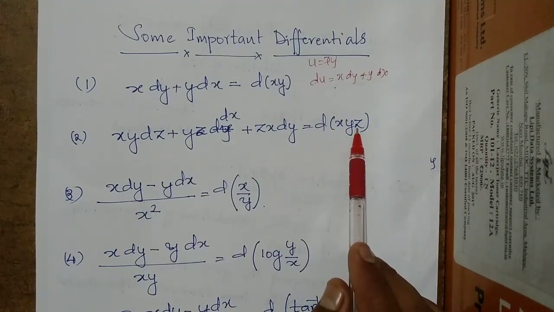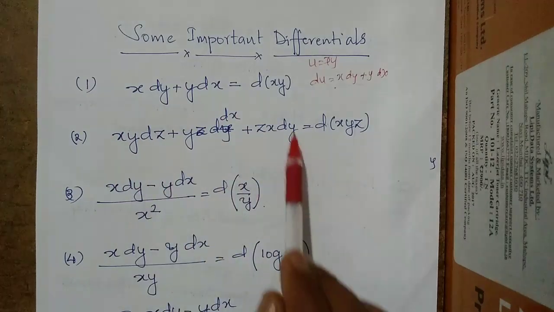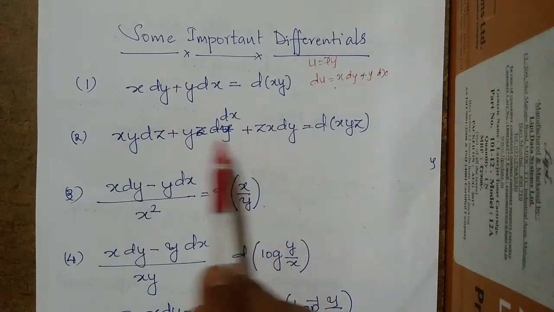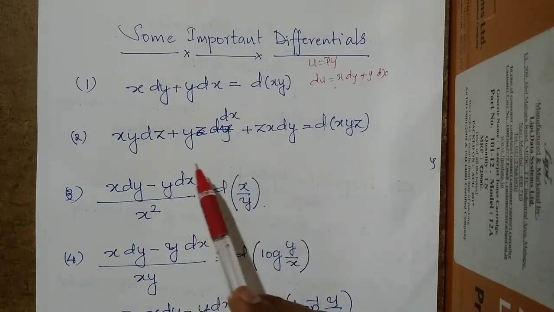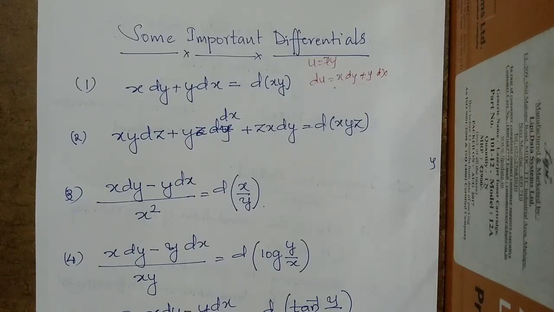Suppose u is equal to xyz, then its differential du is given by this value. So if this form of differential equation we get, then I can write simply d of xyz.